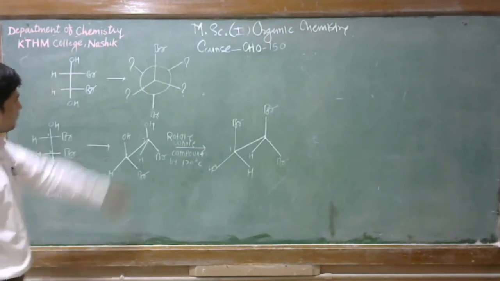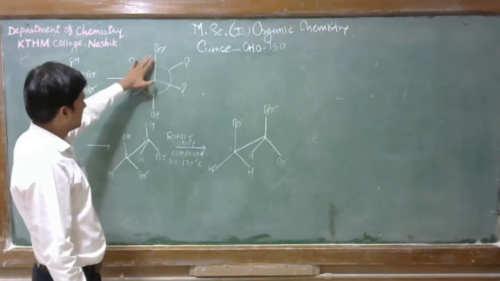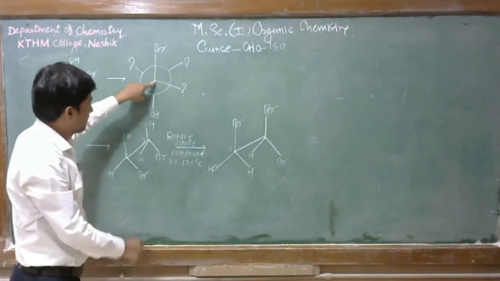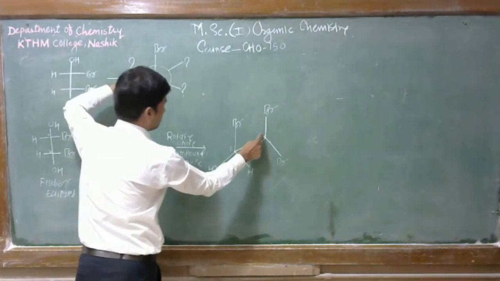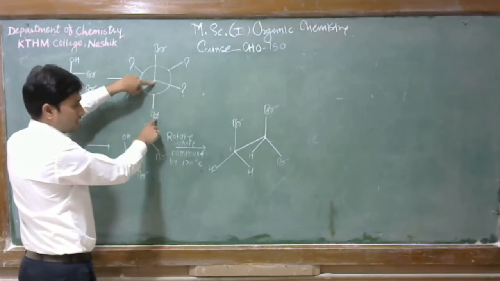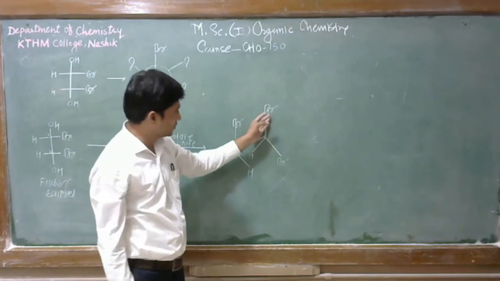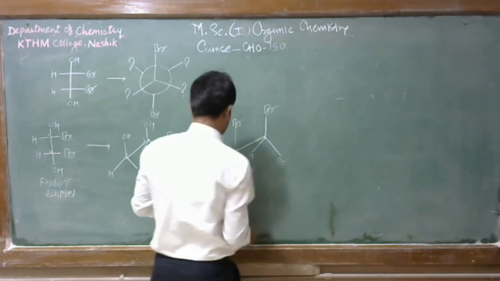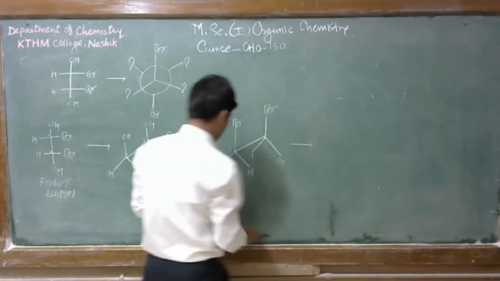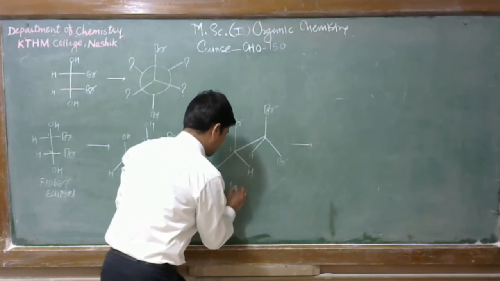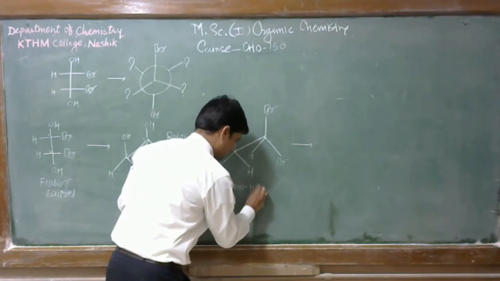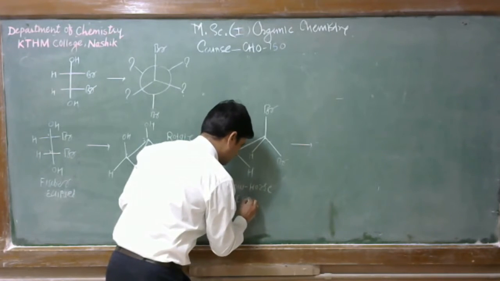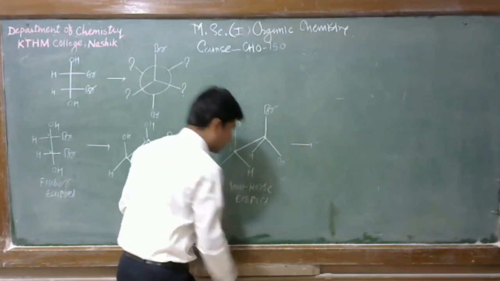Now observe the given structure. In the given structure, on the front carbon atom the bromine is here, but on the rear carbon atom the bromine is towards the below direction. If you want to take this bromine to the below direction, then this eclipse form should be converted into staggered form.